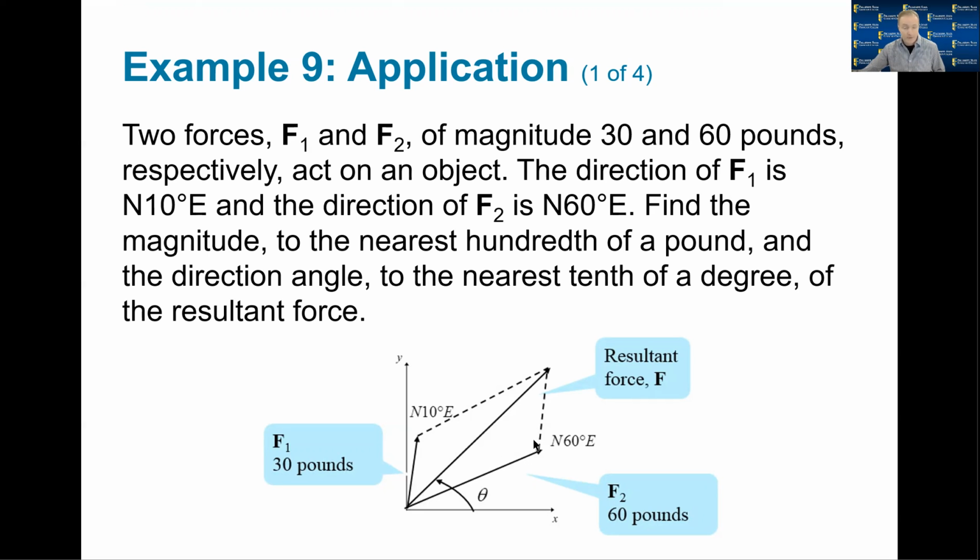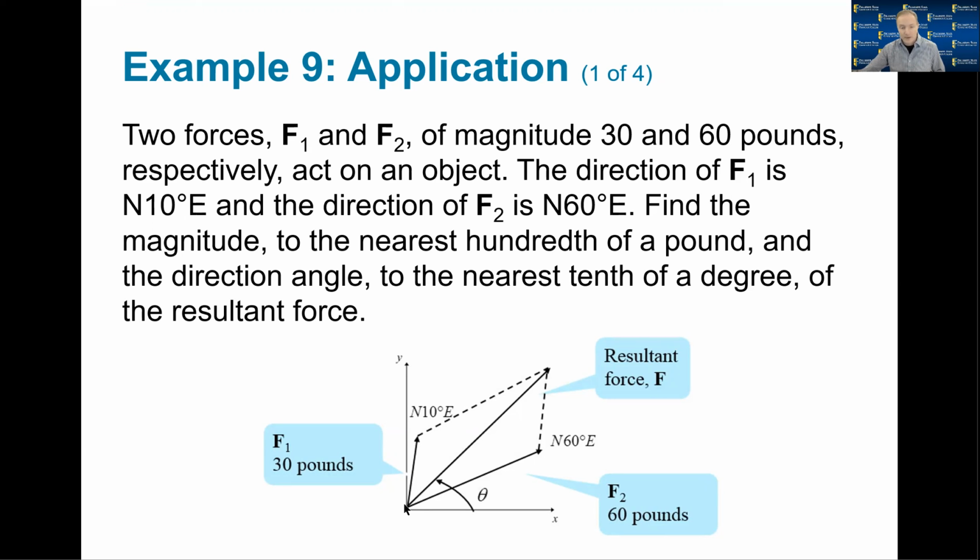You could have solved this graphically by drawing force F1 and then at the end of F1 drawing force F2, at an angle of 30 degrees from an XY axis right there, with a length of 60. It'd be hard to do graphically, but you could.